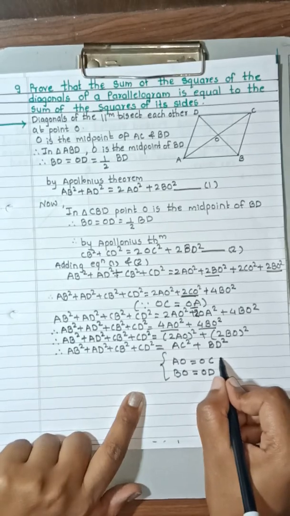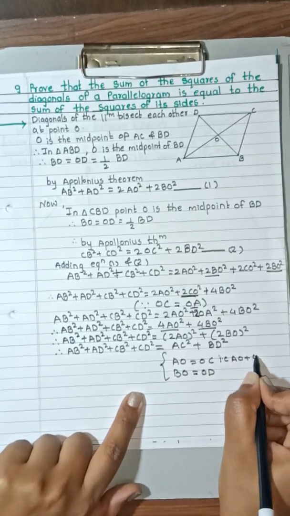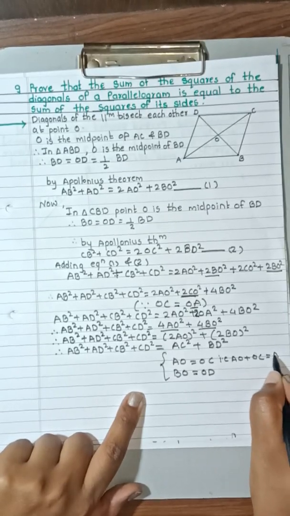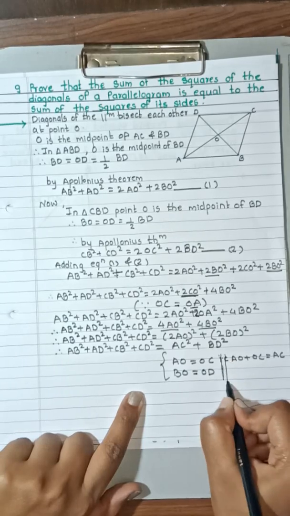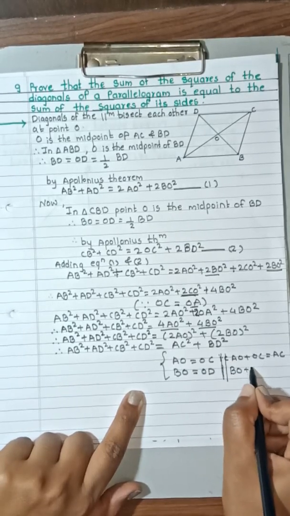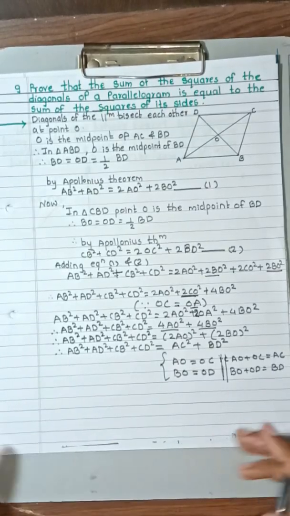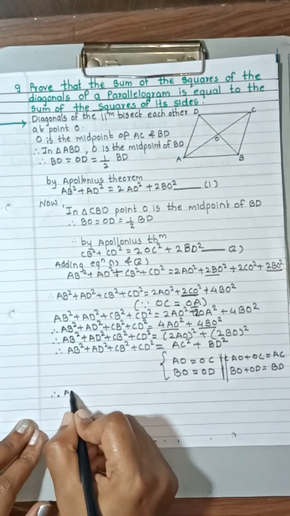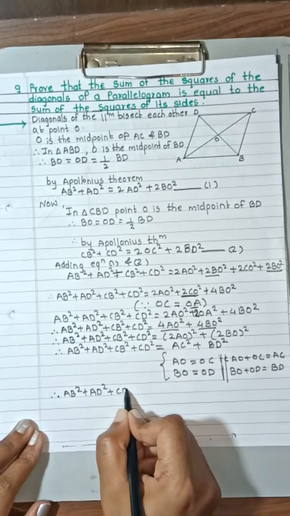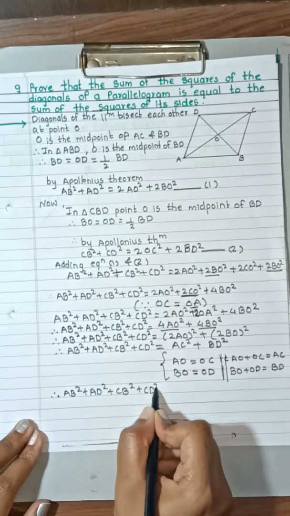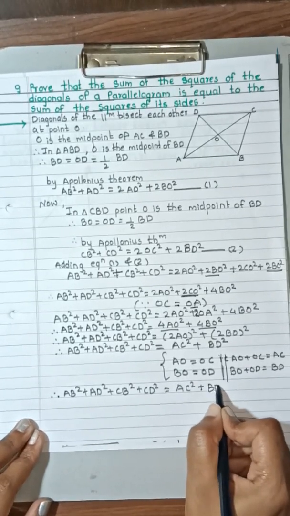And also you know that AO plus OC is equal to AC, and BO plus OD is equal to BD. Therefore, AB square plus AD square plus CB square plus CD square is equal to AC square plus BD square.